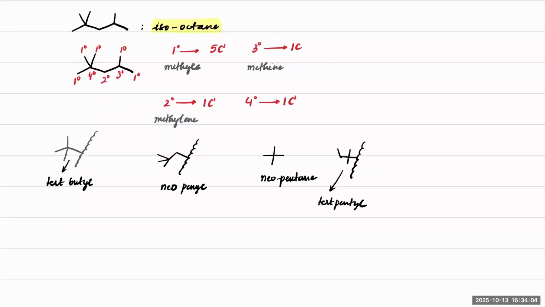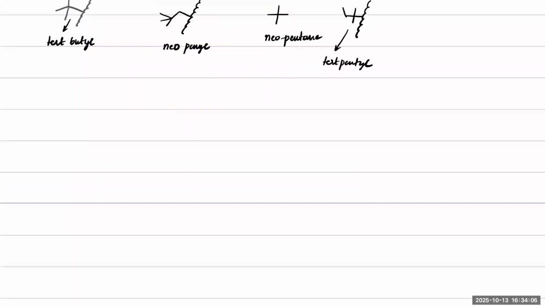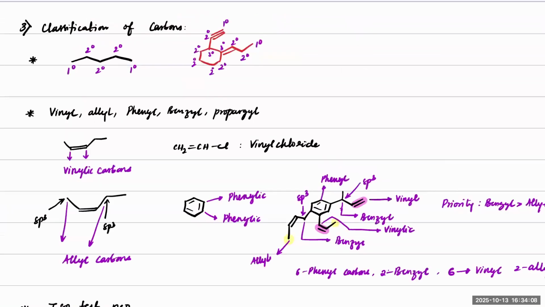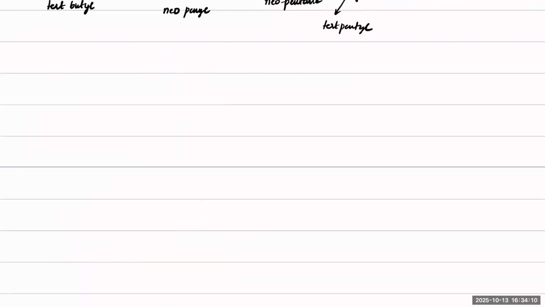Right. Next is understanding. This is concept number 3. Concept number 4 is understanding DOU, degree of unsaturation.